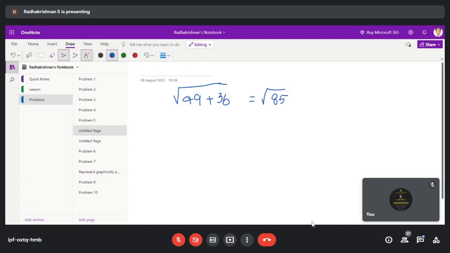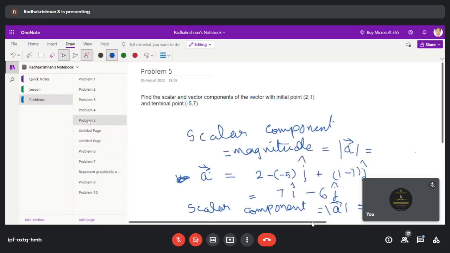So what is the vector component? How can we represent the direction of this vector? This 7i minus 6j is a vector. We represent it in terms of the three angles, the direction cosines.